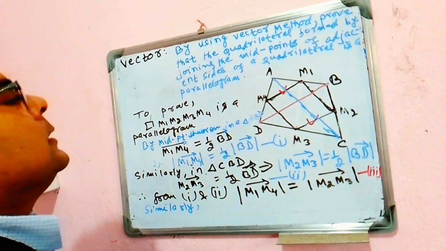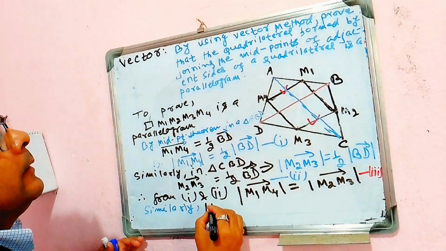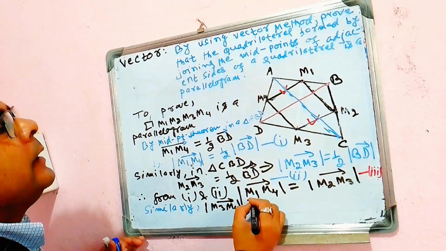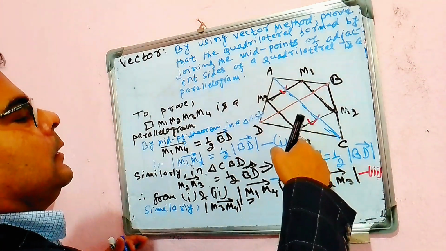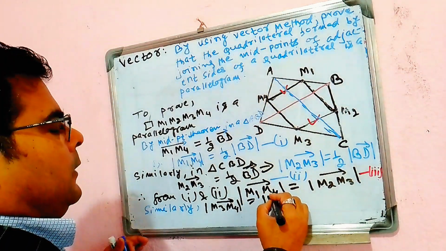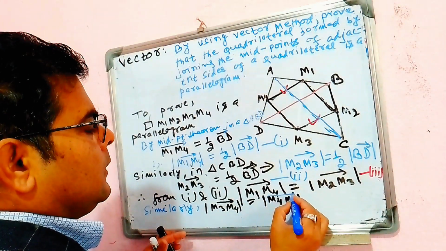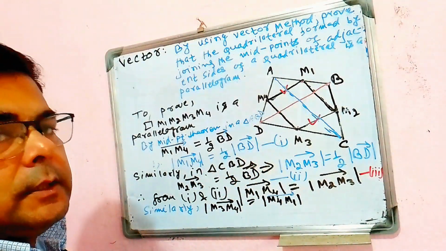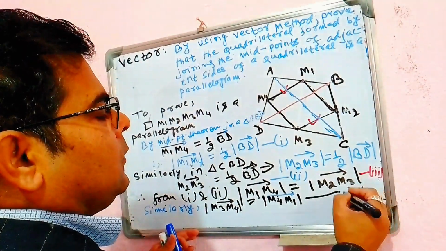You can directly say that vector M3 M4, taken in the same order as M4 M1, are also equal in magnitude and have the same direction. You call this equation 4.